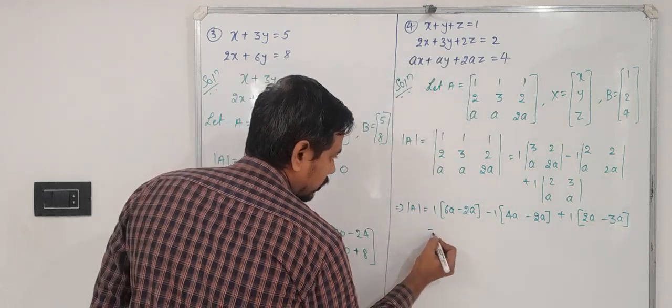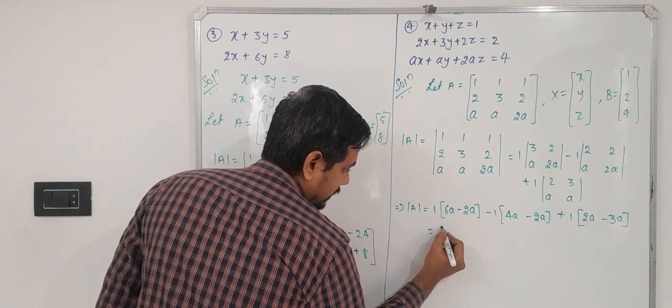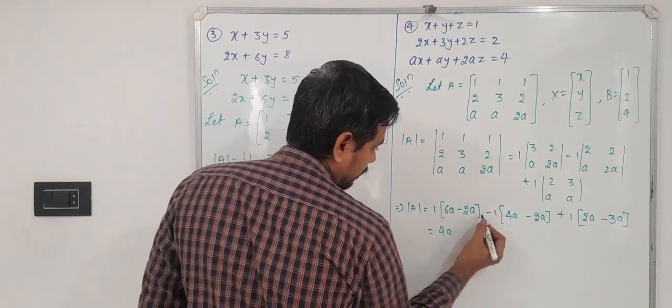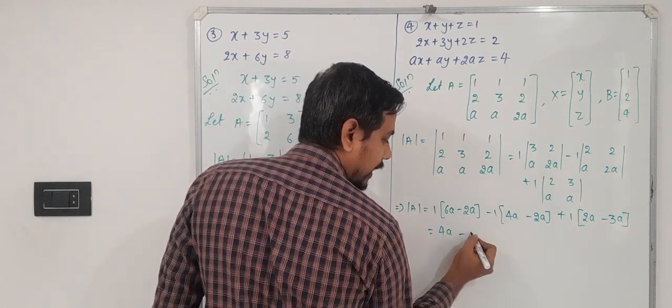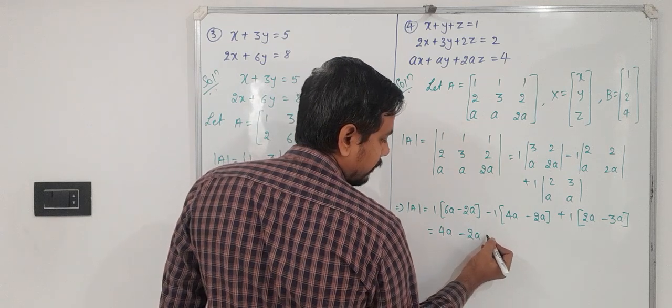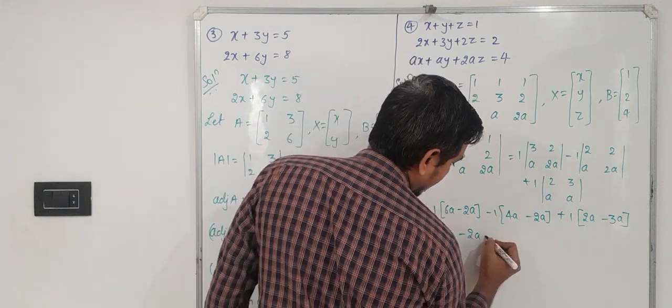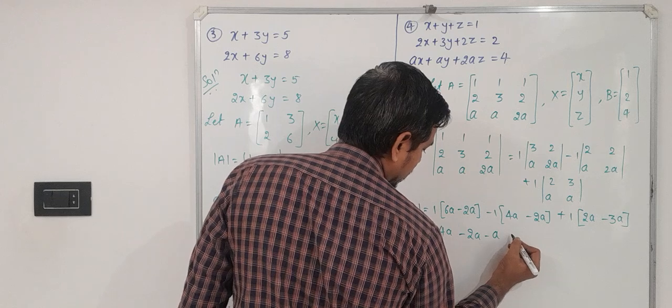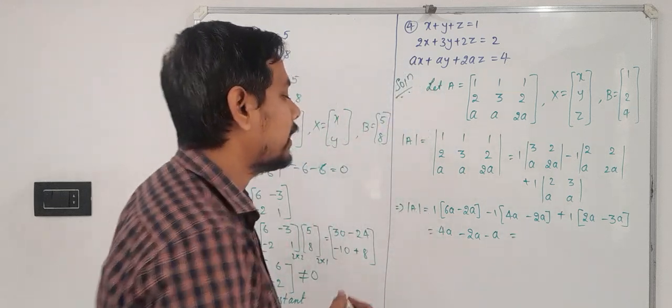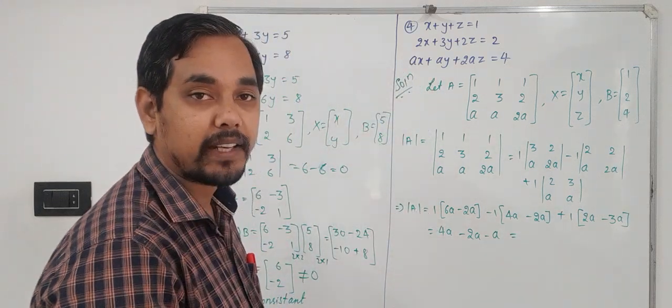Okay. So this is what: 6a minus 2a is 4a, minus 1, that is minus 4a minus 2a, it is 2a, then 2a minus 3a, minus a. So this is what: 4a minus 2a minus a.